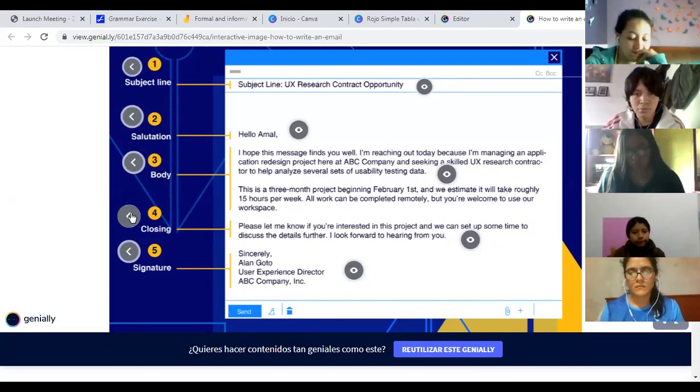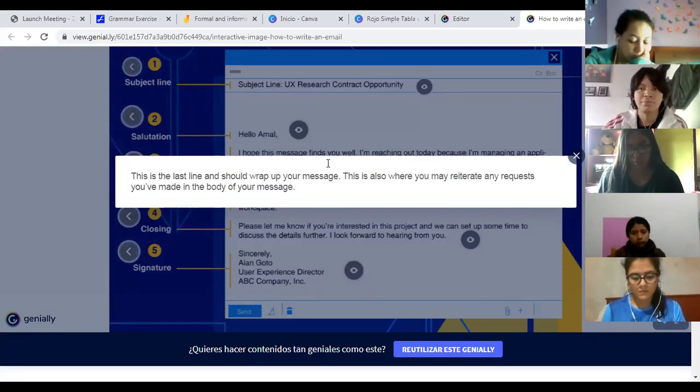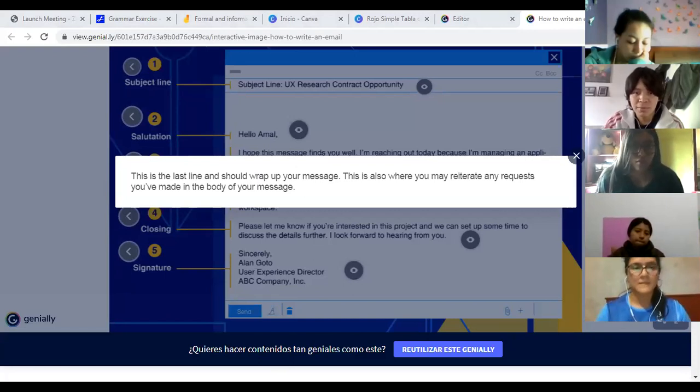And closing, okay, now we go to the closing. Let's see what happens here. Dustin, help me read it, please. This is the last line and should wrap up your message. This is also where you may reiterate any request you have made in the body of your message. Thank you so much.